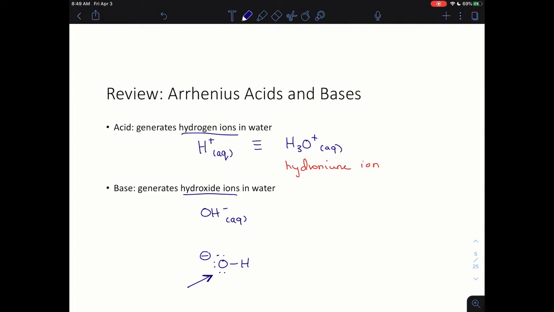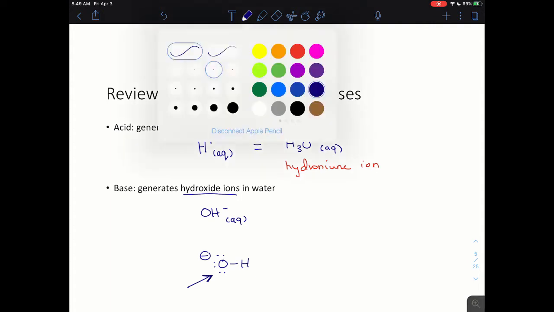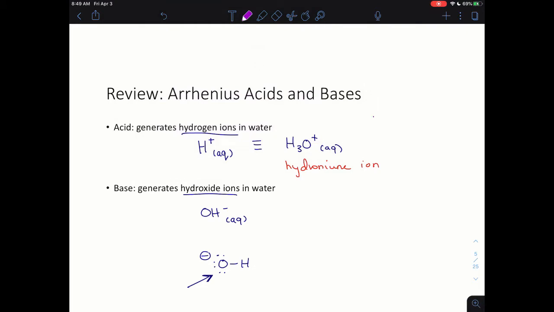Okay, now, do you think that Arrhenius acid and base definitions will be the most useful for us? No. So we certainly still care about this definition, but it's not the most useful. Why do you think that is? Correct. Most organic compounds do not dissolve in water.